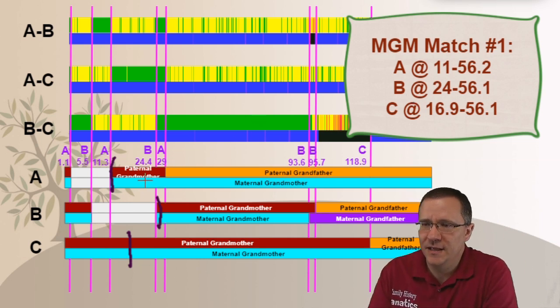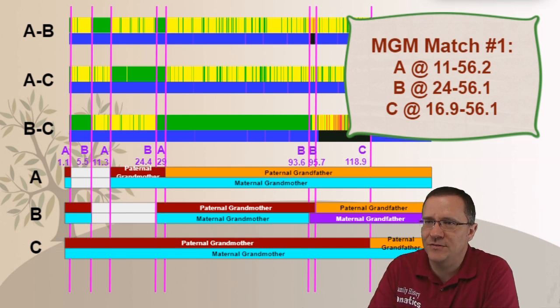If we said that teal was a maternal grandmother, and this person matches person A from 11 to 55, well, if the teal did not change and if the maroon changed instead, then we would have a match actually on B from 11 to 56.1. But we don't. What that means is this can't be teal. It has to be purple.